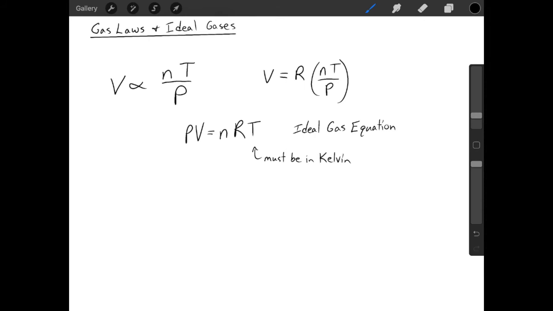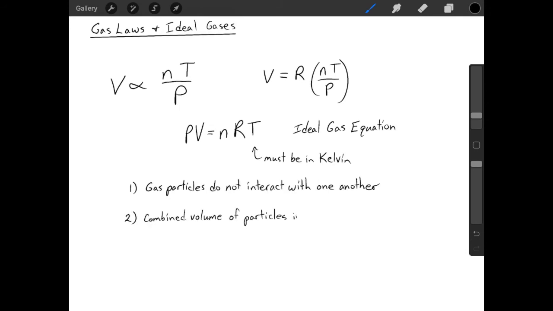For this equation to accurately describe gases, we need to imagine an idealized type of gas that obeys the following set of assumptions. Any gas that effectively follows these assumptions is something known as an ideal gas. And ideal gases very clearly don't exist in real life because both of those assumptions are clearly wrong.